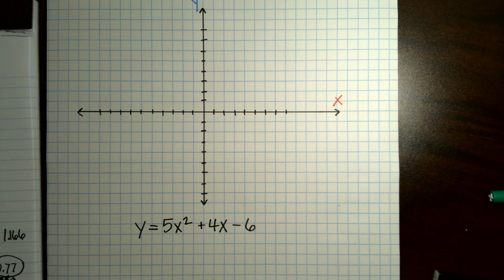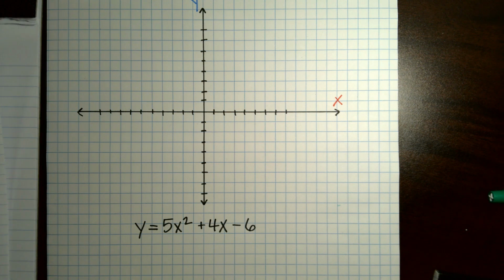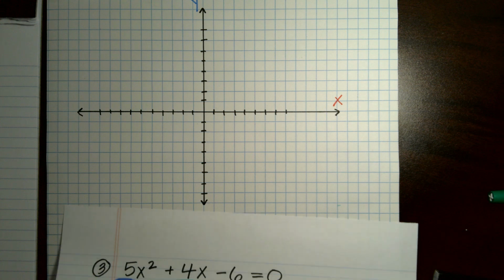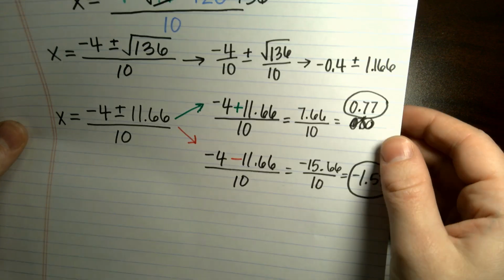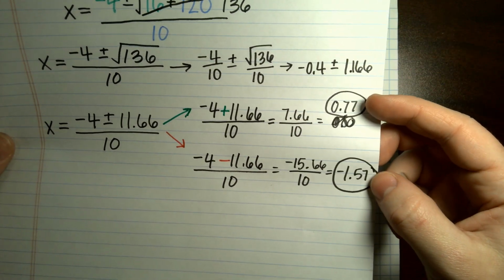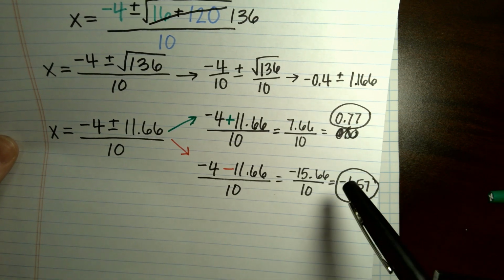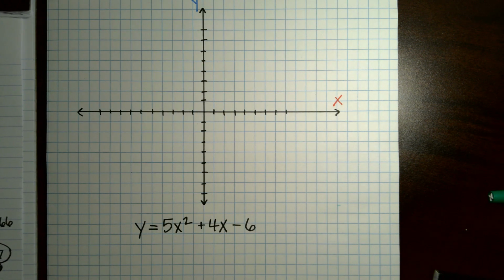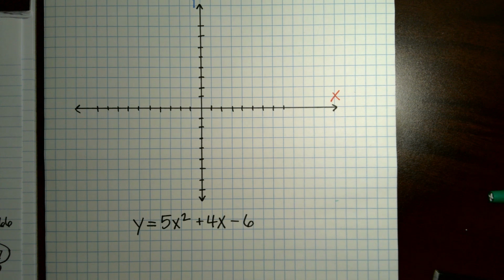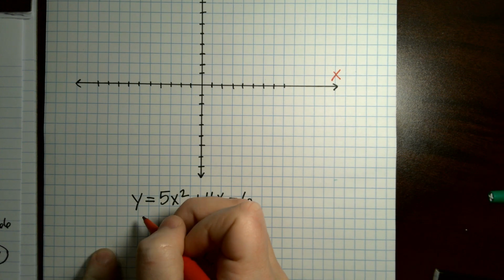So let's talk about what we just did a moment ago. Whenever we set our equation to 0, we made it 5x squared plus 4x minus 6 equals 0. We used that quadratic formula, and we were able to solve for 2 values of x. We got 0.77 and negative 1.57. So whenever we use the quadratic formula and our equation is equal to 0, what we are really finding there is what we call the x-intercepts. So let's go ahead and write that below our equation.